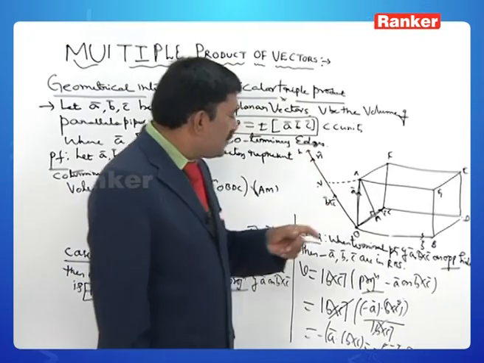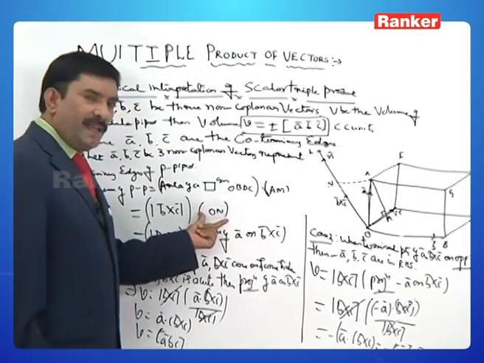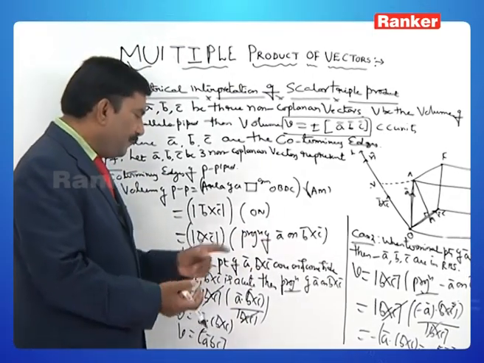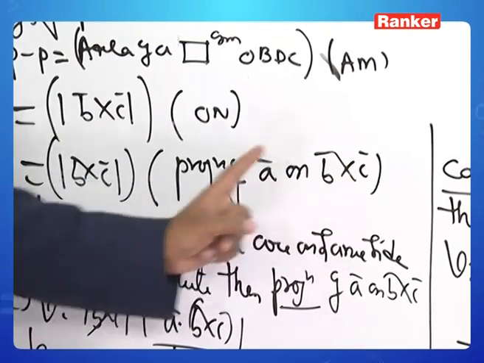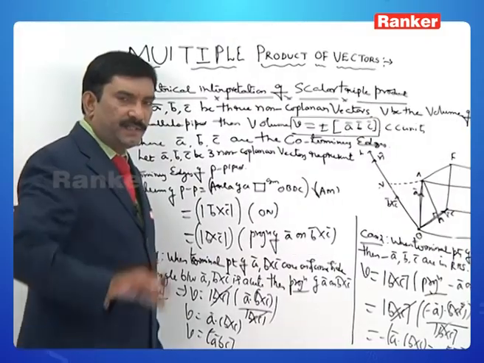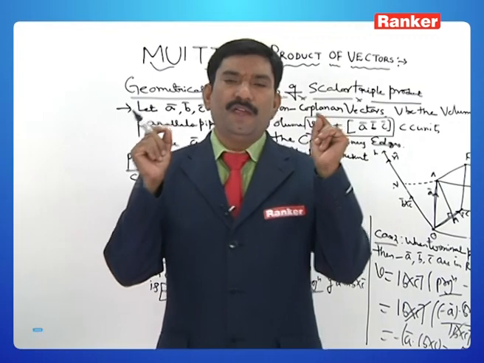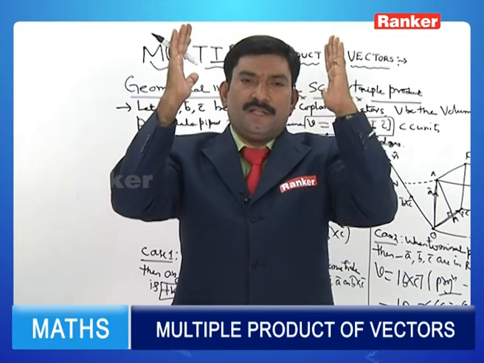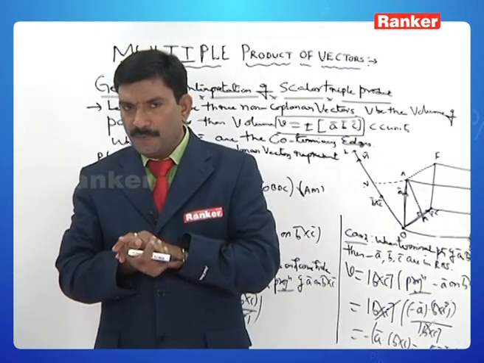ON is along B cross C. So therefore, ON is a length. A length is nothing but a projection. So therefore, projection of A bar on B cross C. Before writing this projection formula, two cases arise. One, when the terminal points of A bar and B cross C are on the same side, then they will be in a right-handed system.